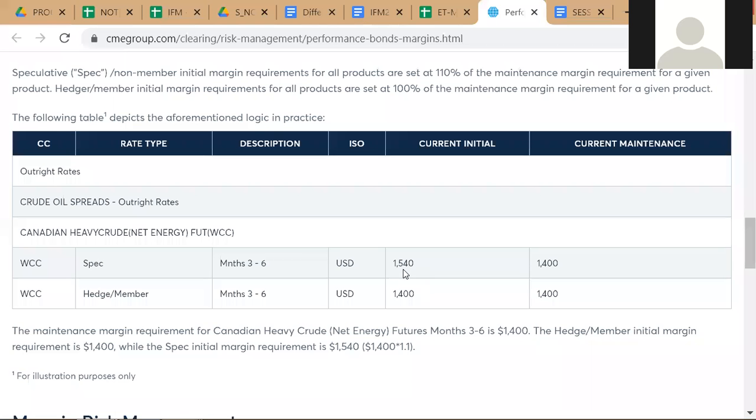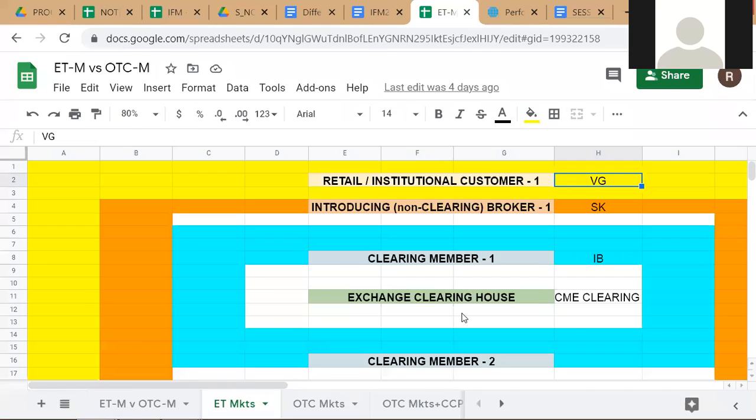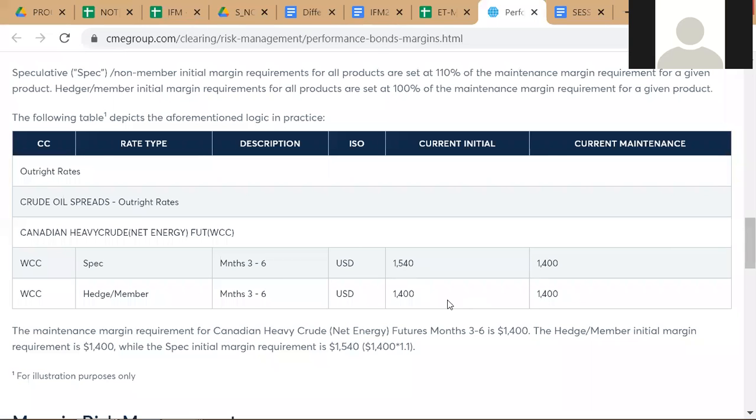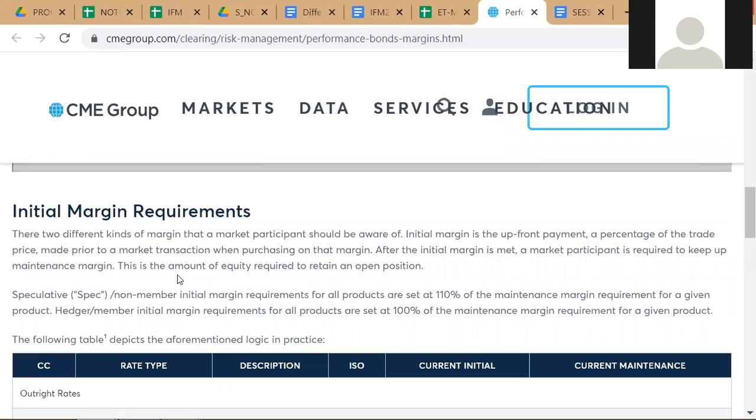So this is one idea we want to have, that there are three important concepts when it comes to margin: initial, maintenance, and variation margin. And we also want to look at something else, which is that the IM, if you notice, yeah.